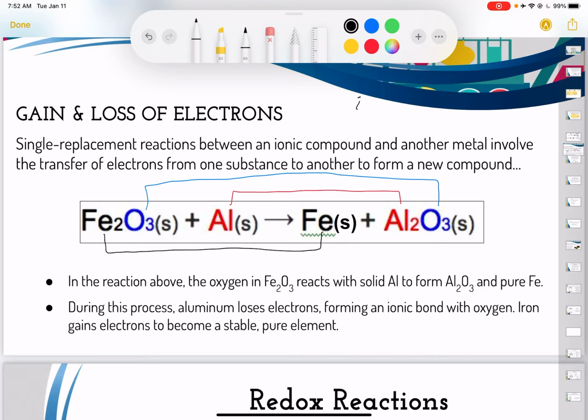But iron is a transition metal, so we need to sort of go backwards on that. So let's do oxygen first. Oxygen, we always know, has a -2 charge. So in this compound, Fe2O3, it has -2 charge.